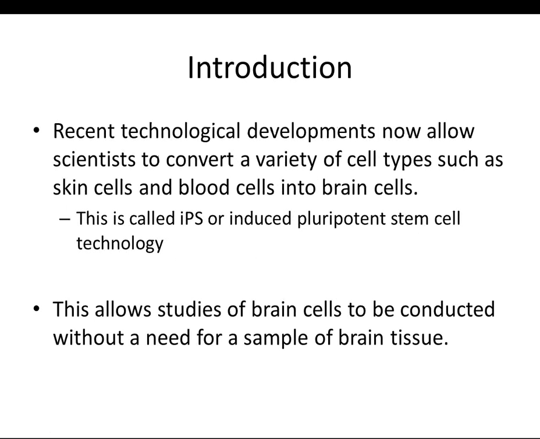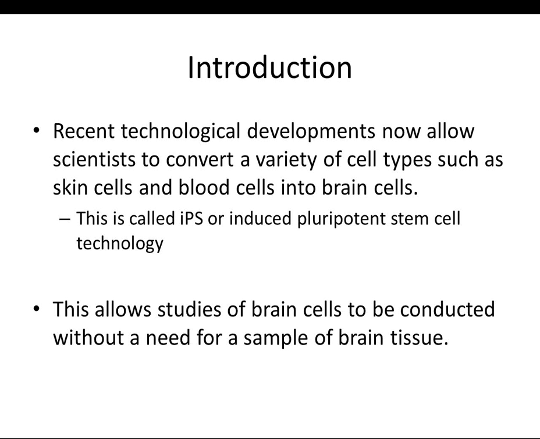Induced pluripotent stem cell technology is a recently developed technology that basically allows scientists to convert one type of cell into another type of cell. As applicable to this type of research, it allows the conversion of either skin or blood cells into brain cells.